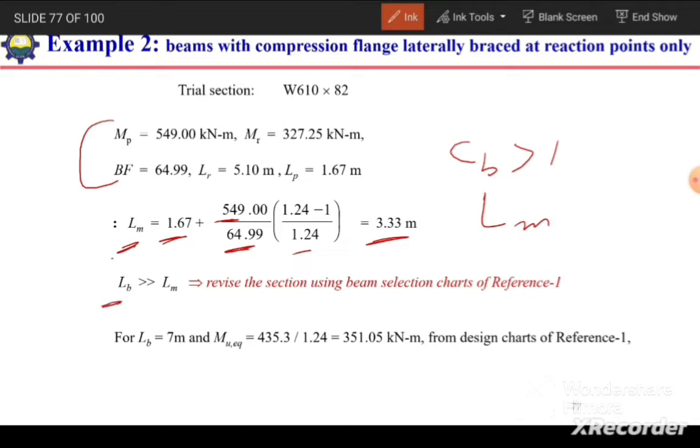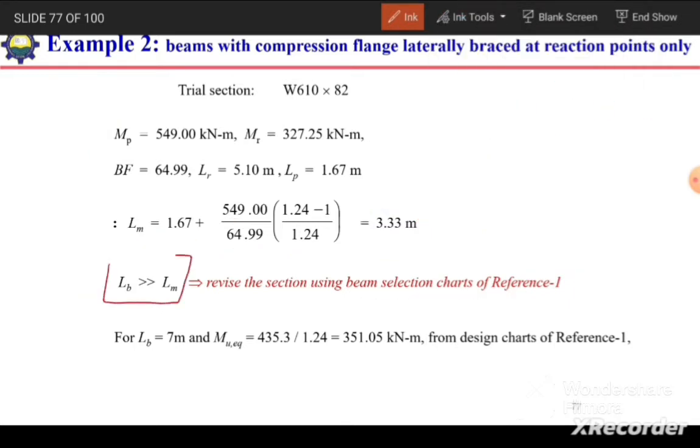As LB is greater than LM, LB is 7 meter in this case, and it is significantly higher than this 3.33 meter, we cannot use the beam selection tables. So we need to go for the beam selection charts, because if LB is more than LM of the section selected based on the beam selection table, the selected section will not be suitable in this case. So we need to reselect the section based on the beam selection charts.